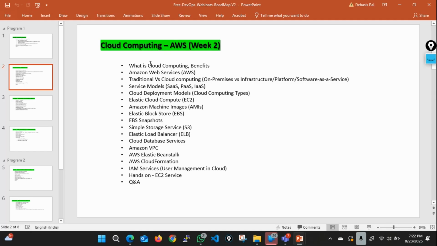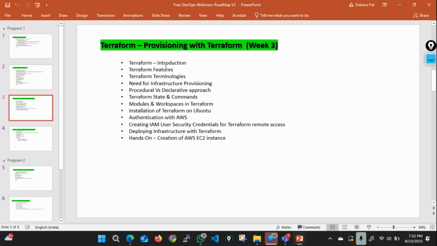Let's say in the third week we start with Terraform. There is a graphical interface for Terraform, but generally we do not work with it. We work with the character user interface, so I can show a small hands-on example of how Terraform works.